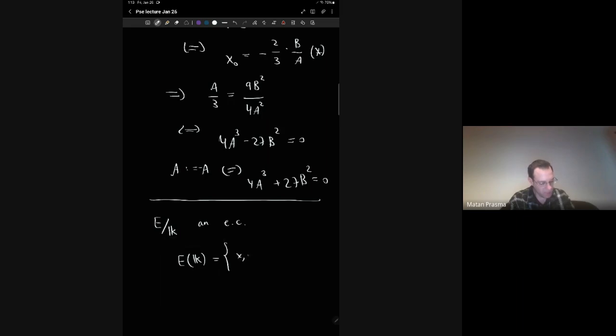So it's all the x comma y in k squared, such that y squared equals x cubed plus ax plus b, union one other point, which I call the point at infinity. And this will serve as the neutral element for the group law that we are going to define.